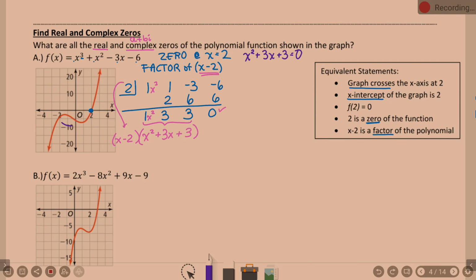What's the backup plan to solving this when it doesn't factor? If we can't solve a quadratic through factoring, we learned something back in Unit 2.